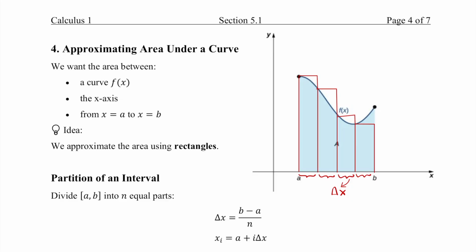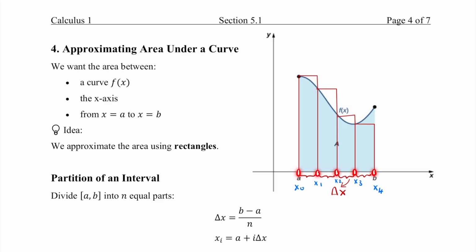Now, let's label each point. We call this x0, x1, x2, x3, x4. Each of these points marks the boundary of a subinterval.